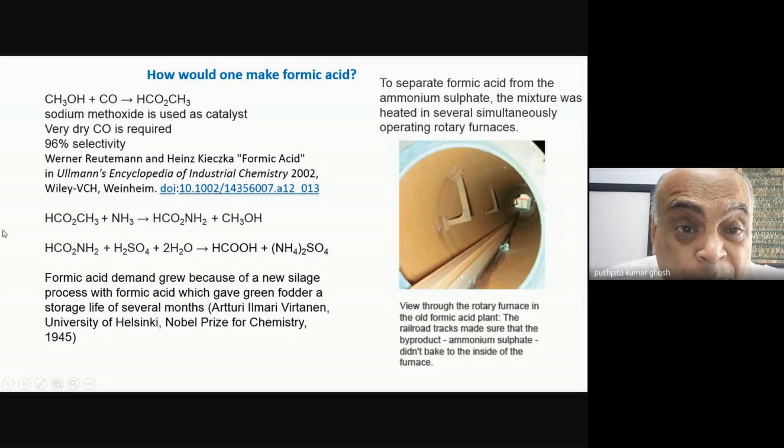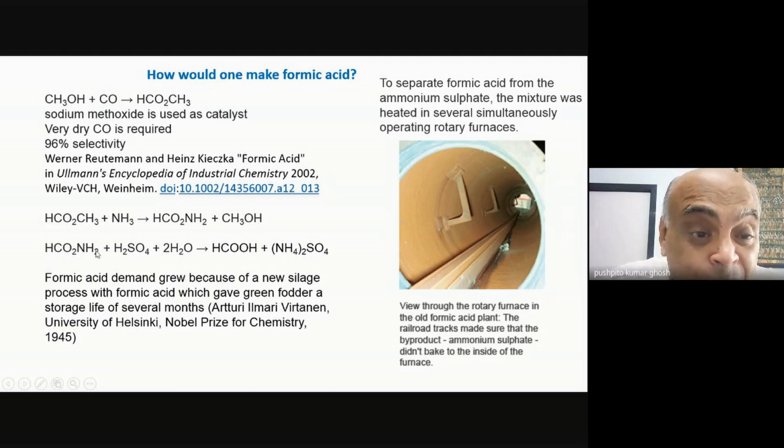Just to manage that problem, they first took the methyl formate and then reacted it with ammonia, formed formamide and methanol. They recycled the methanol into this process, again did carbonylation, got back methyl formate.